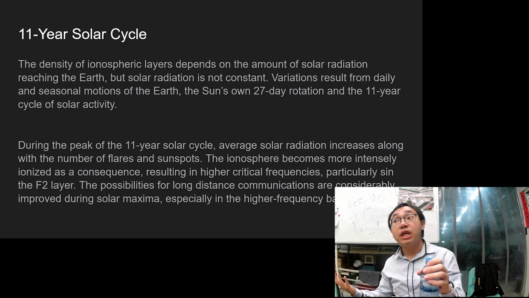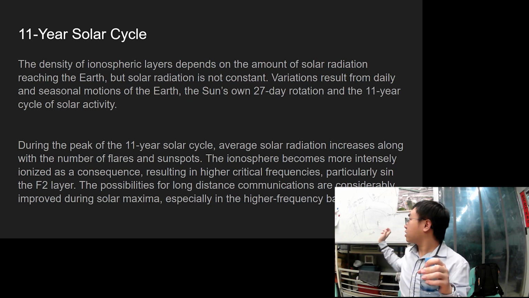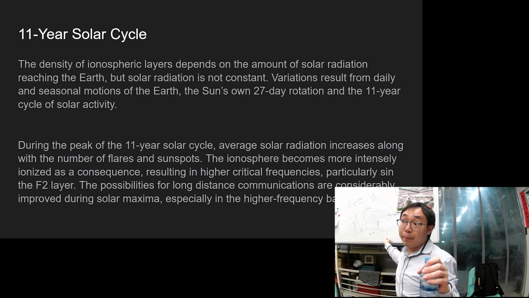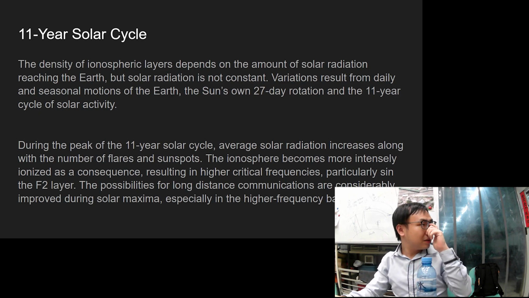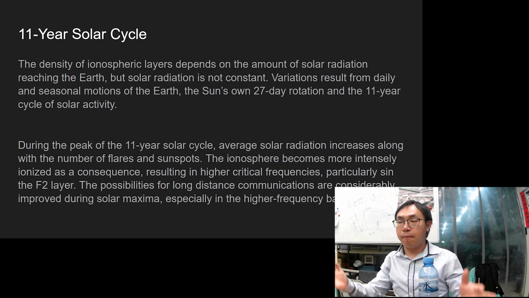The activity of the sun has a cycle of 11 years. When the 11-year cycle arrives, the activity of the sun becomes much stronger. It will emit more UV. That's why it will have more ions, and it's likely that the skywave propagation will be better at that time.